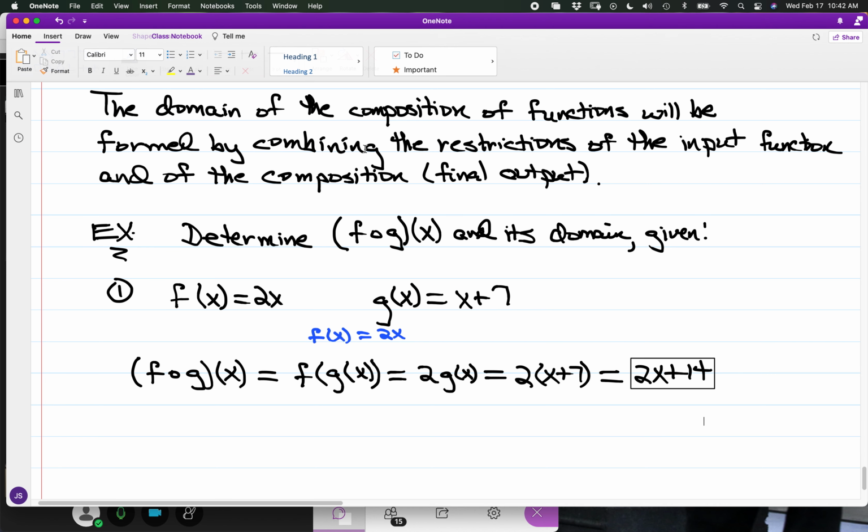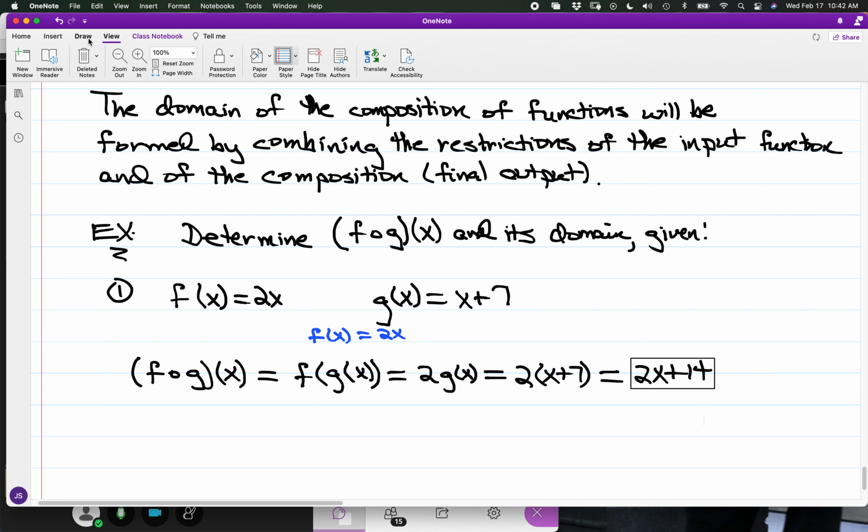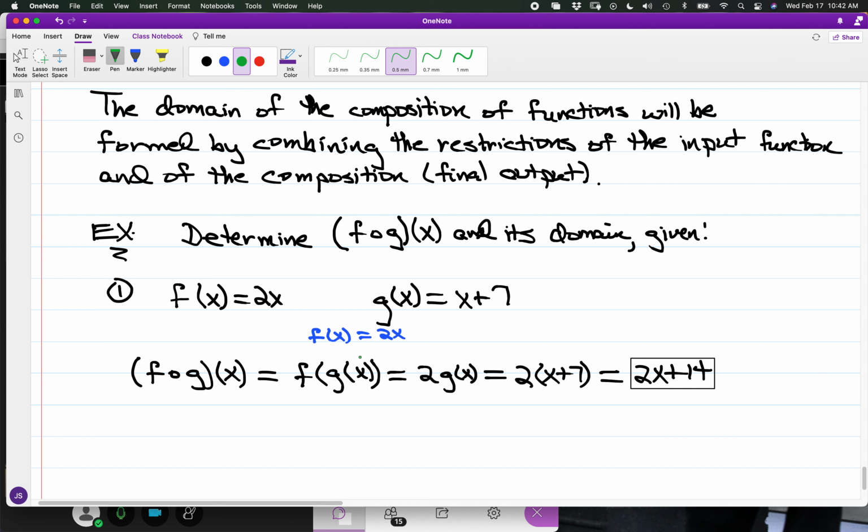And with the input function, you have g of x equal to x plus 7.